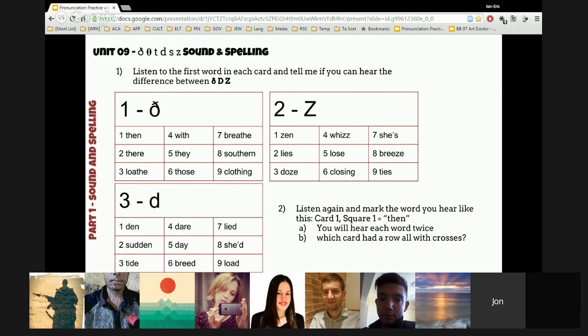I'll say them. In fact, I'll say them and you tell me which card or table I'm reading off of. Remember, I'm going to read square 1 of 3 cards. Okay? So let me read all 3 and then you tell me the order of the cards that I read. Okay? So here we go. Zen, then, den. Again, zen, then, den.